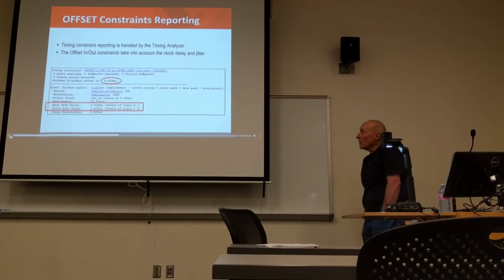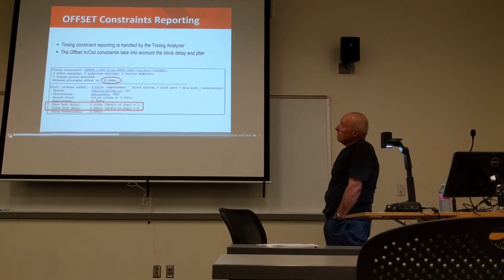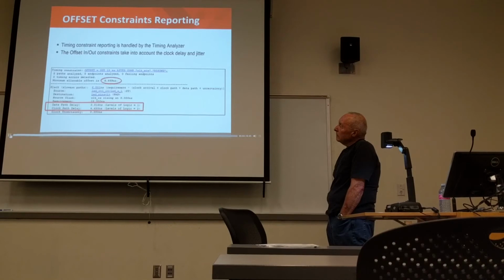In this case, we use an offset out constraint of 16 nanoseconds. This constraint covers the effective output path, which, as I just mentioned, is the clock path delay plus the data path delay. Please note this is highlighted in the red square.